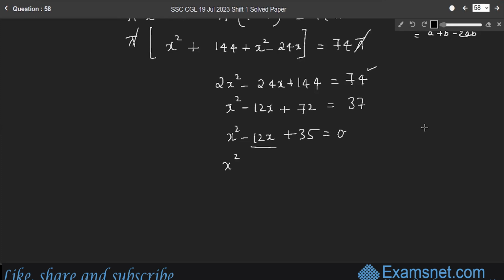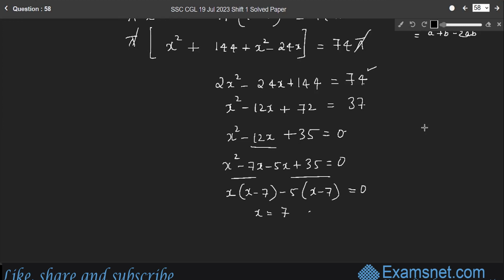Minus 7 into minus 5 becomes plus 35 and the sum becomes minus 12. So the middle term can be written as x square minus 7x minus 5x plus 35 is equal to 0. In first two terms, x is common, x minus 7, minus 5 is common in the last two terms. So x minus 7 is 0. Therefore, we have x is equal to 7 and x is equal to 5.